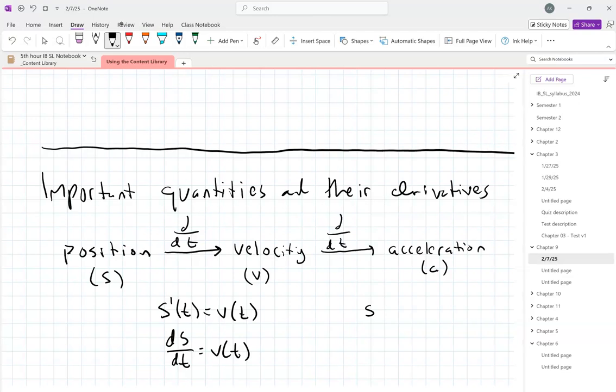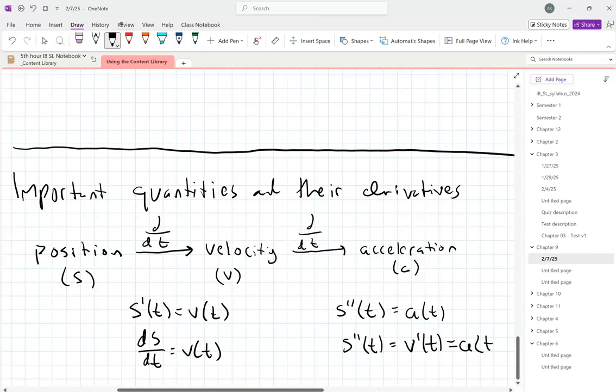So we could say that the second derivative of position is acceleration, or you could say that the second derivative of position is the first derivative of velocity, which is acceleration.